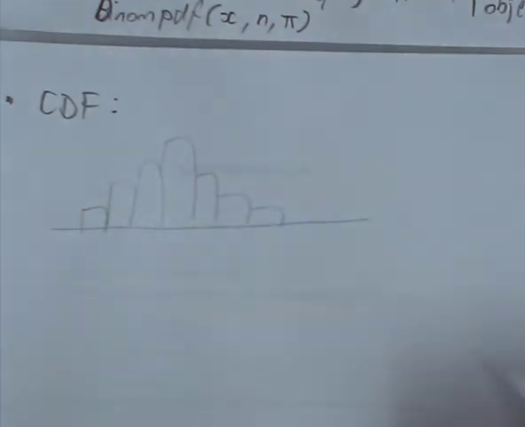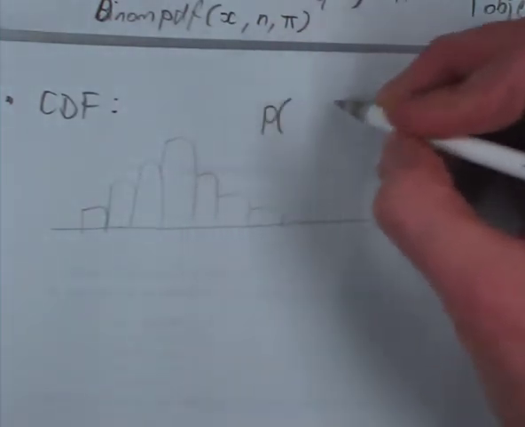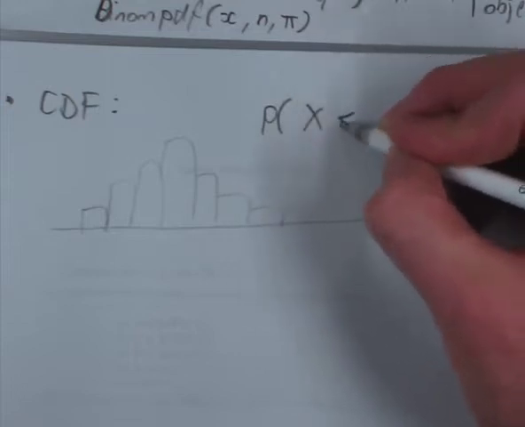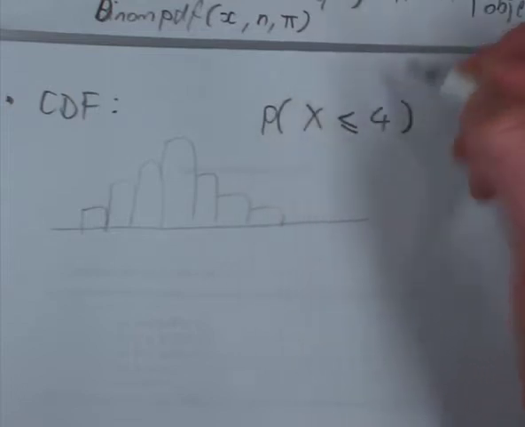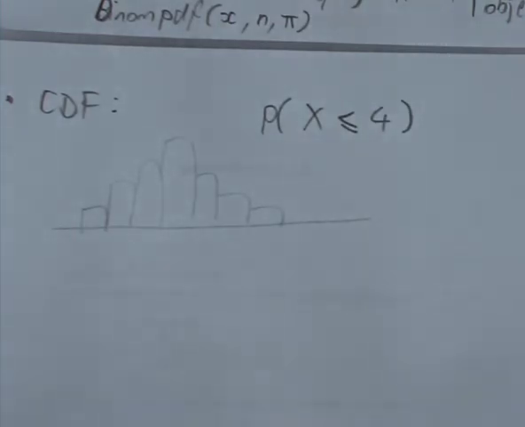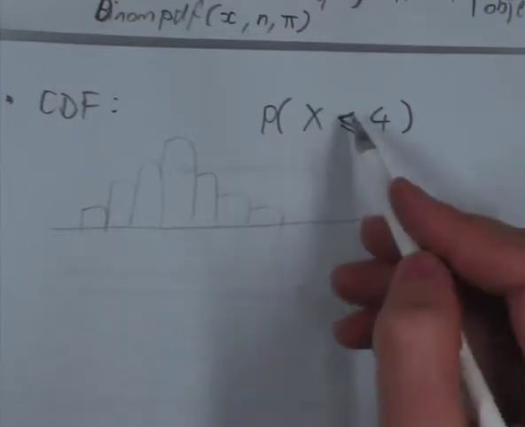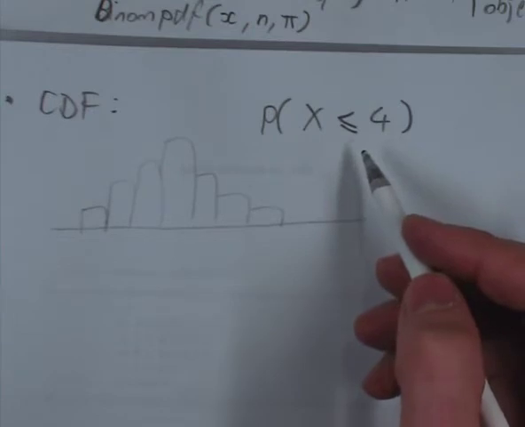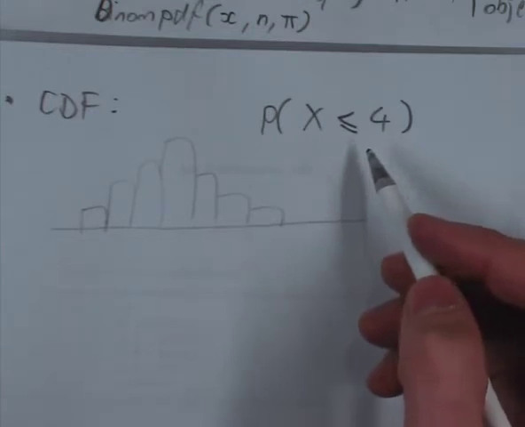And what this is doing is giving the probability that your binomial variable is less than or equal to, say, 4. That's what the CDF does. And it's really important to consider that equal to, because there is a probability associated with every single number of its own. So less than or equal to 4 is different to less than 4, because it's actually not possible to be equal to 3.5 or 3.9.